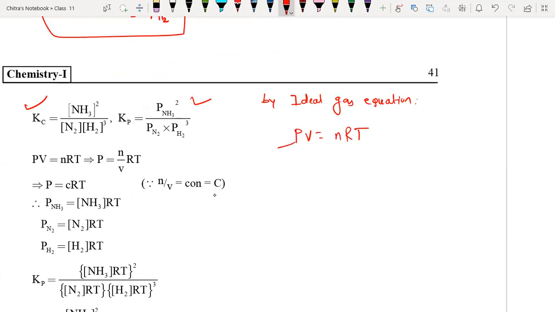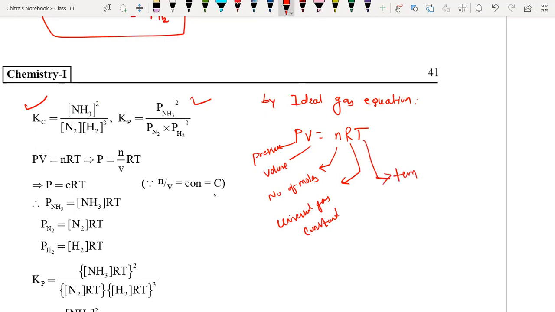Here P is the pressure, V is the volume, n is the number of moles, R is the universal gas constant, and T is the temperature in Kelvin. Understood? PV equals nRT. It is the ideal gas equation.